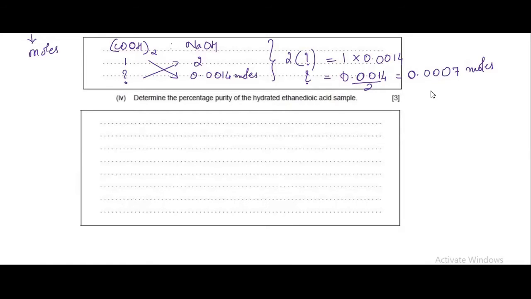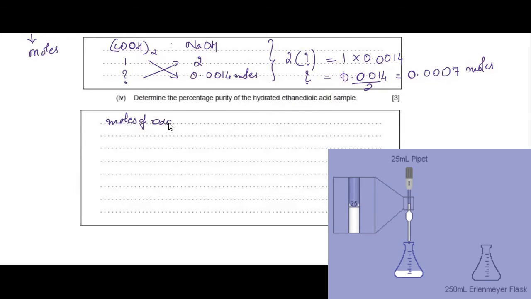So first and foremost, we have the moles of oxalic acid. This is for 25 centimeter cube. For this much quantity, we have the data. It is 0.0007 moles.